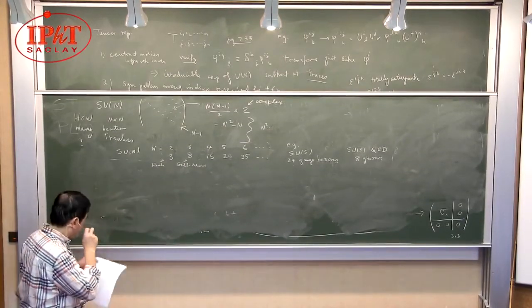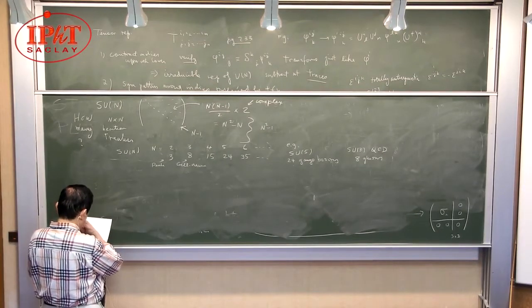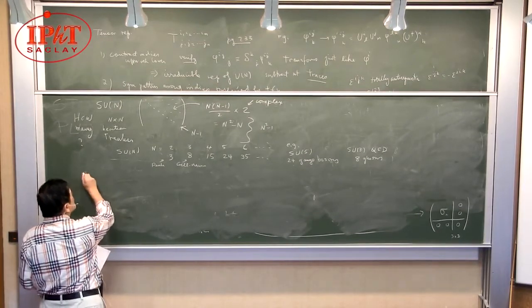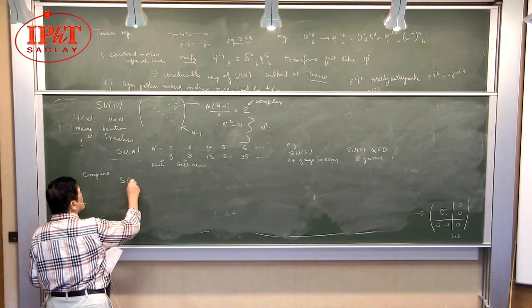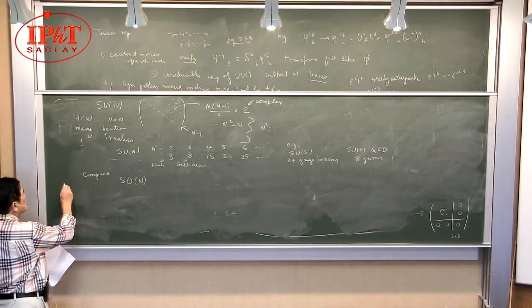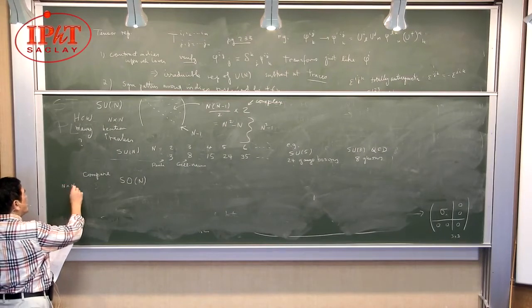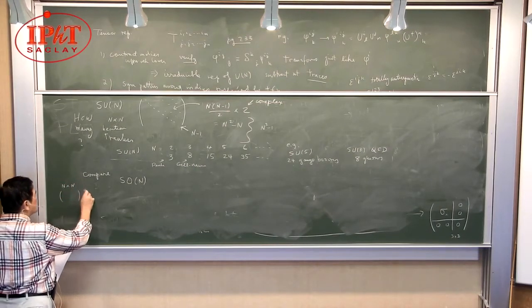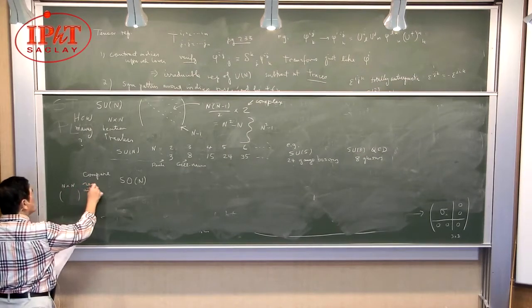But now it's instructive to compare with SO(N). SO(N), I remind you, is generated by n by n matrices that are real and anti-symmetric.